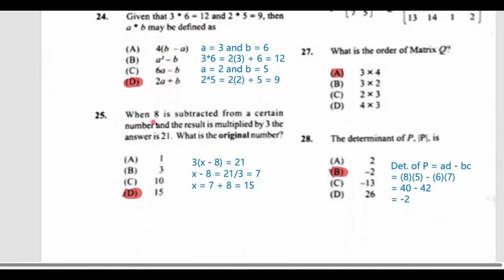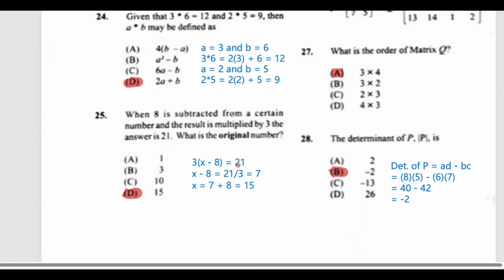25. When 8 is subtracted from a certain number and the result is multiplied by 3, the answer is 21. What is the original number? Well, let the number be x. It'll be x minus 8, and then the result is multiplied by 3 to get you 21.